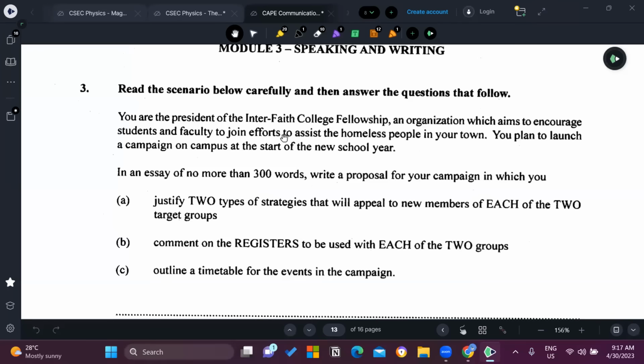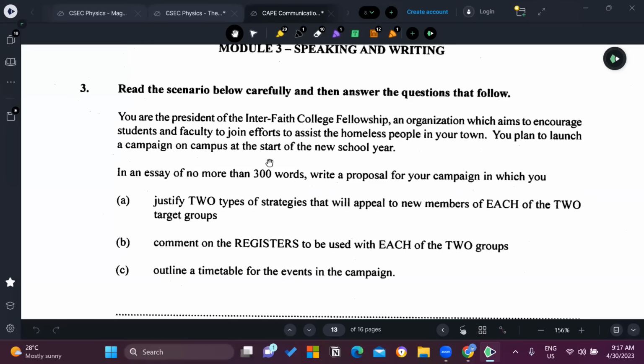So you are the president of the Interfaith College Fellowship, an organization which aims to encourage students and faculty to join efforts to assist the homeless people in your town. You plan to launch a campaign on campus at the start of the new school year.